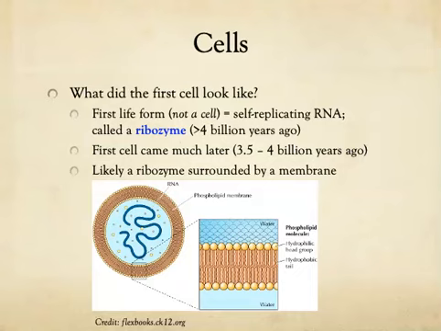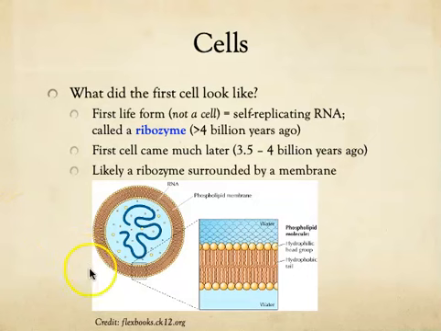The first cell would have come much later. Events would have taken place to most likely enclose that ribozyme inside of a membrane. And of course, that would have happened somewhere around 3.5 to 4 billion years ago, which is when we believe the first cells appeared.